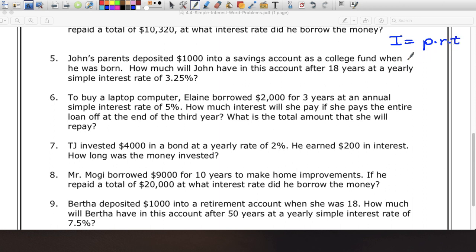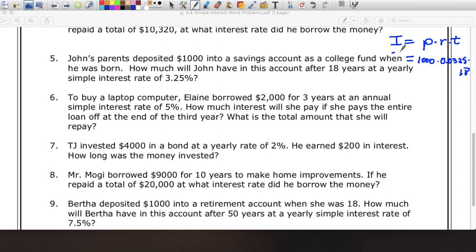John's parents deposited $1,000 in a savings account as a college fund when he was born. How much will John have in his account after 18 years at the yearly rate of 3.25%? And this is what I was talking to you guys about. So imagine if your parents had put $1,000, which is the principal, times 0.0325 times the time, which is 18 years.